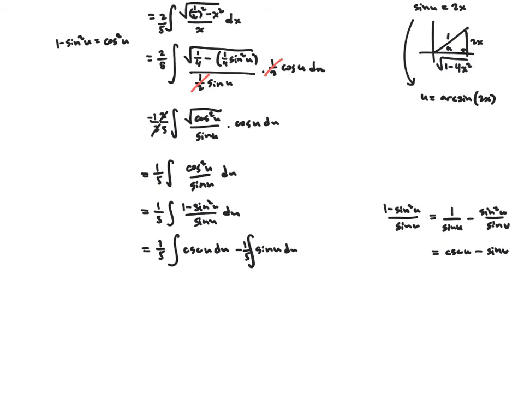All right, so I'm going to do a manipulation here like I did before, except this time I'm going to take cosecant of u and multiply it by cosecant of u plus cotangent of u, on top and bottom.